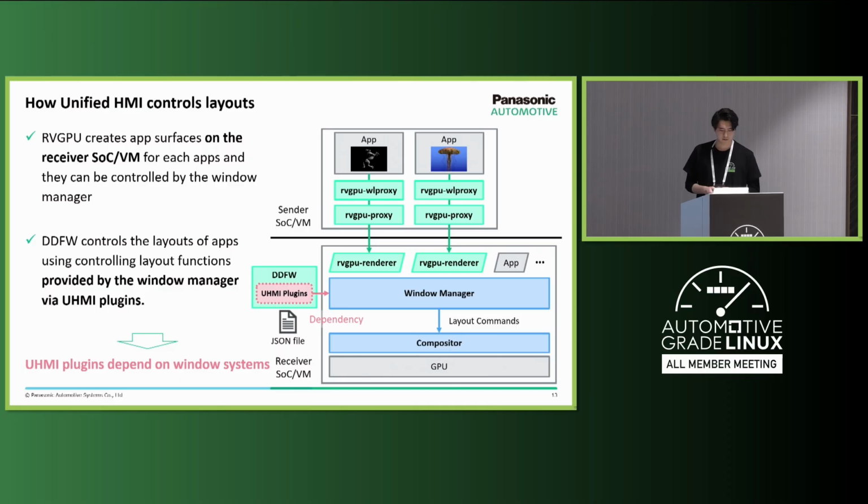Then, DDFW can control the layouts of these application surfaces using the layout controlling functions provided by the window manager via UHMI plugins. So these UHMI plugins lead to the dependency on the windowing systems for unified HMI.